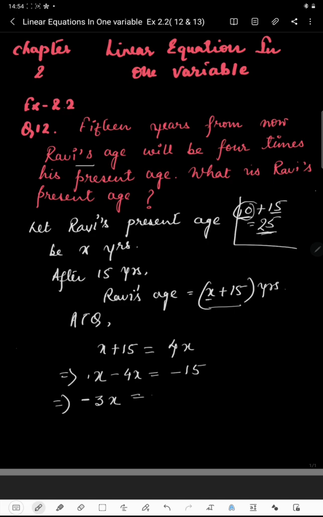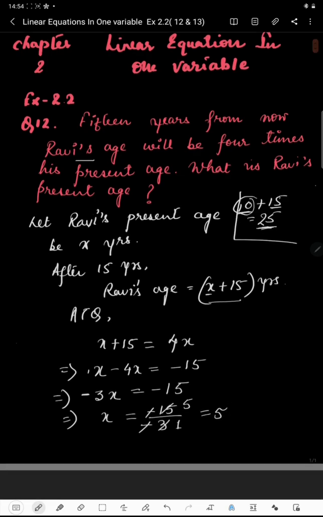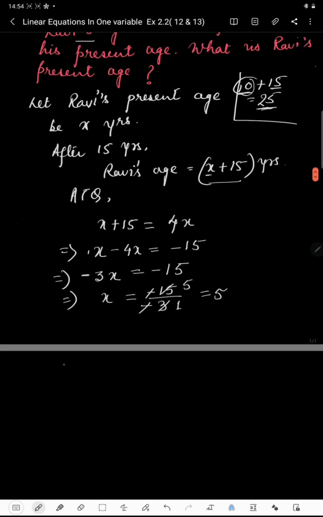So here will be negative, and here is minus 15. So minus 3 is multiplied by x, so the value of x will be minus 15 divided by minus 3. Now minus minus cancel, 3 ones are 3, 3 fives are 15. So the value of x will be 5, means Ravi's present age will be 5 years.